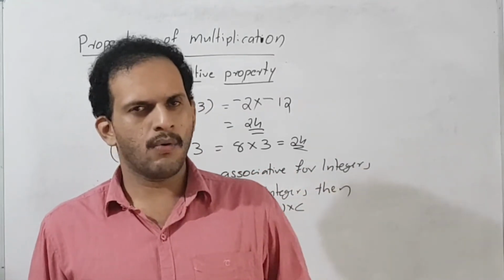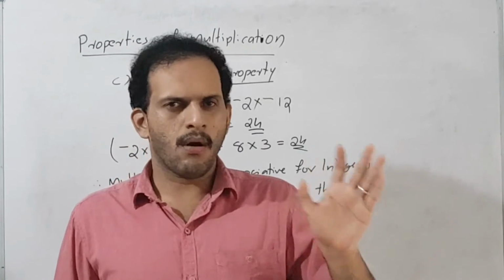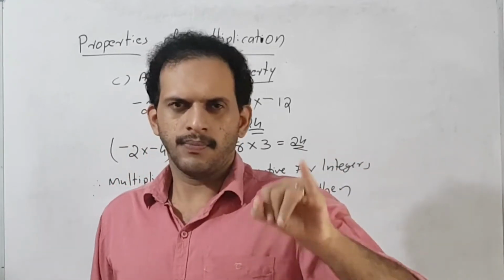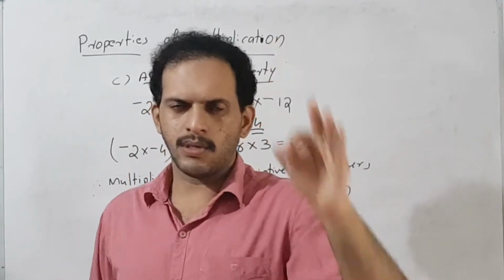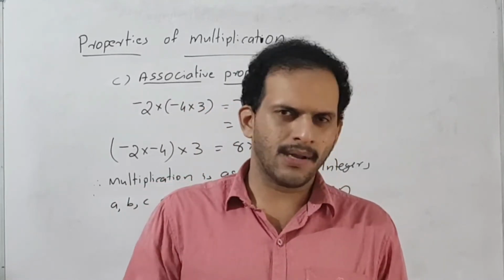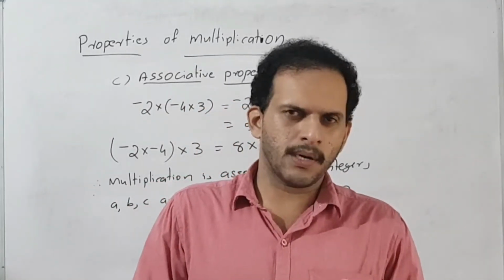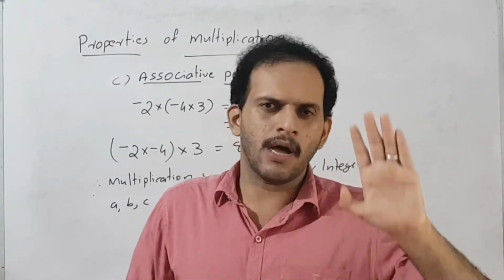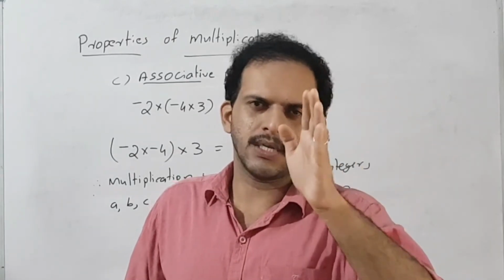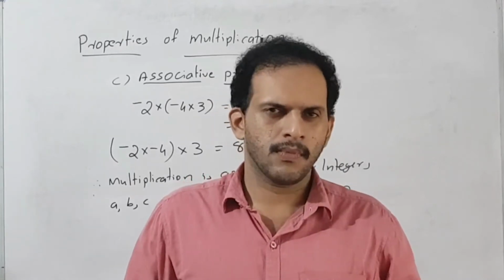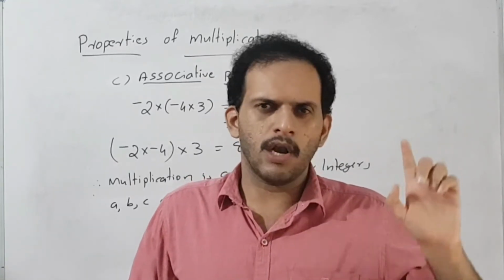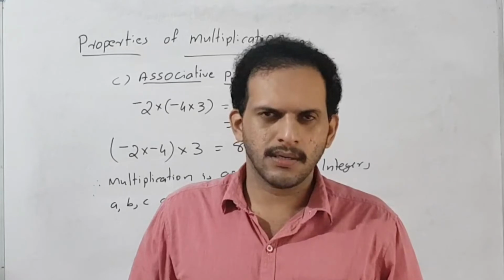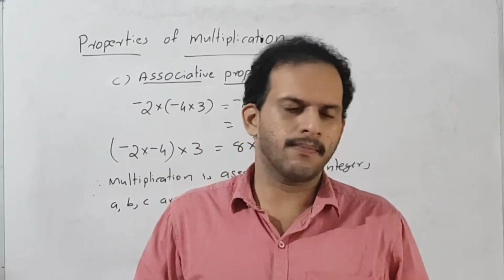It is very clear now that multiplication satisfies all the properties: closure, commutative and associative. Addition and multiplication satisfy all the properties. Subtraction satisfies only one property, that one is closure property.